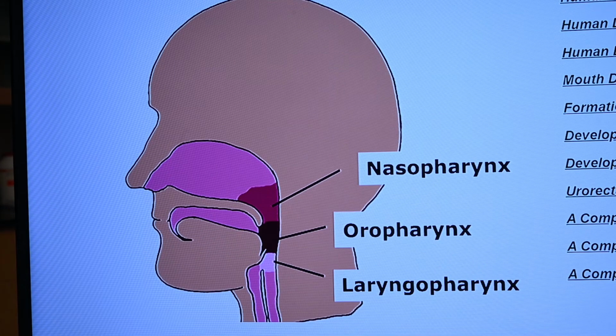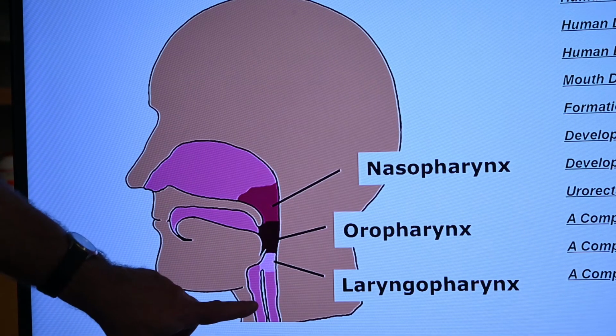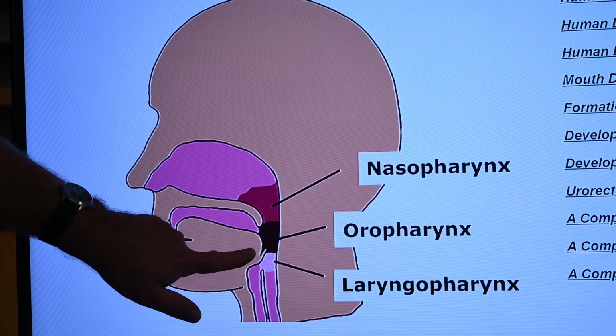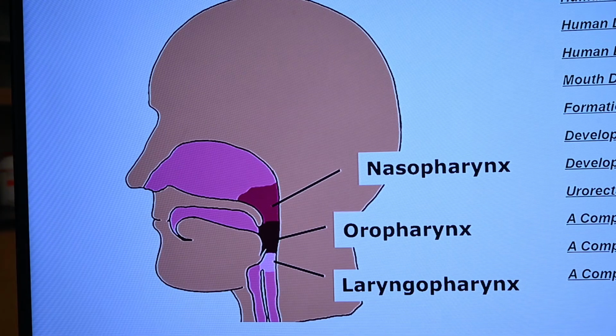And the pharynx, even though it's primarily skeletal muscle, begins a reflex of swallowing, and pushes the food down into the esophagus. It raises the larynx up against the epiglottis so that you won't have food coming into the glottis when you swallow.